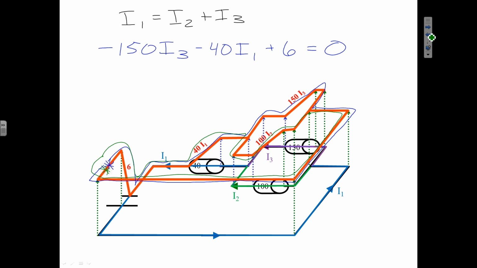When I go down that slope, negative, so negative 6, up over the 40, so plus 40 I1, up over the 100, so plus 100 I2, and then I get back to where I started, so equals 0.